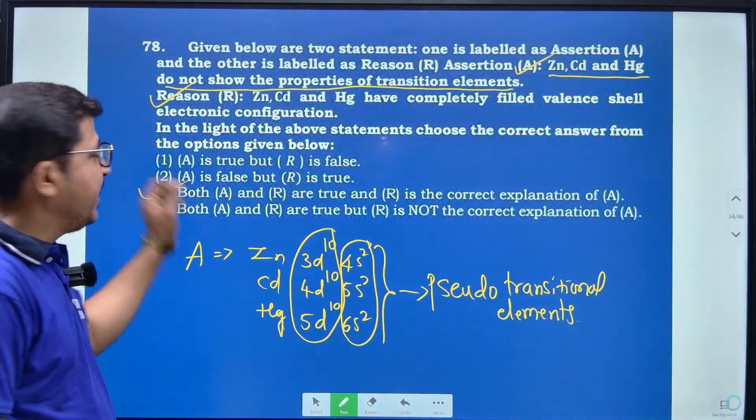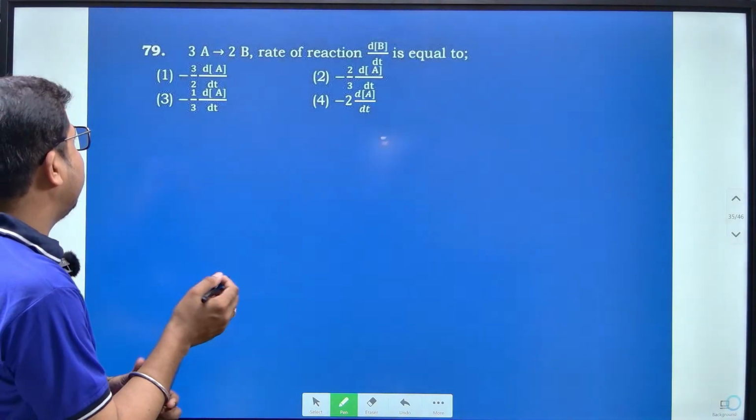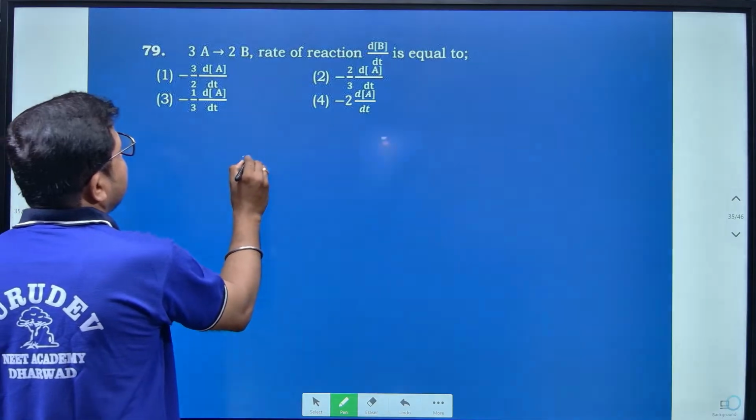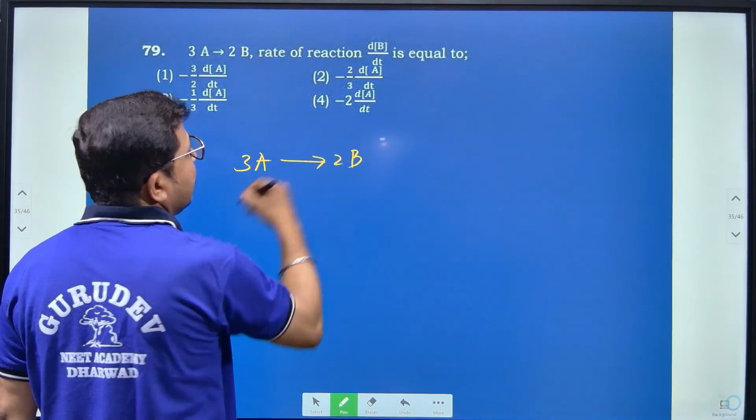option number 3. And next, move to question number 79. They have given here 3A gives rise to 2B, right?